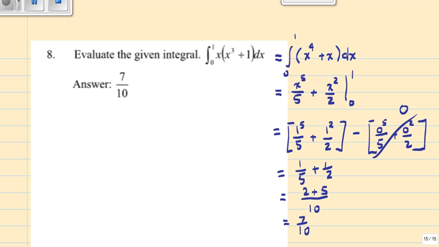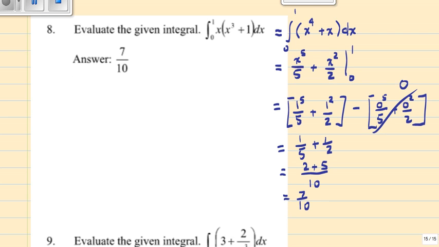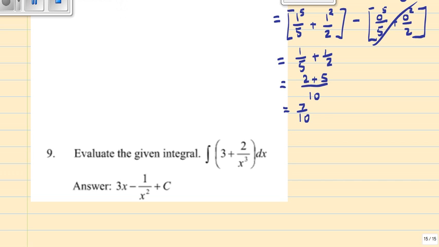Now the next one, very similar. We have to again rewrite first. So this is the integral of 3 plus 2x to the negative 3 dx.